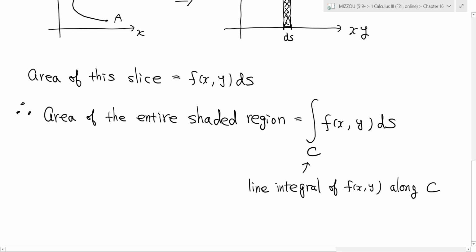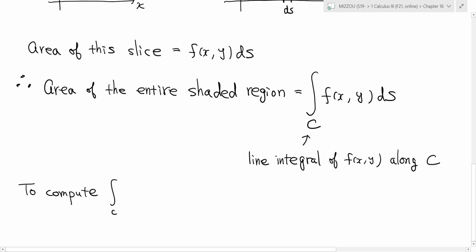And how do we compute it? Well, to compute it, we need to express everything in terms of t. Namely, we need to use the parameterization r of t equals x of t, y of t.